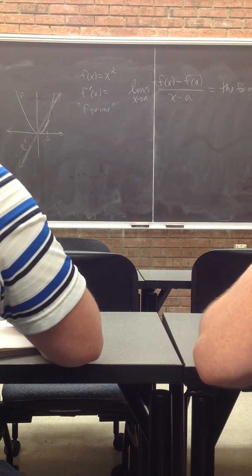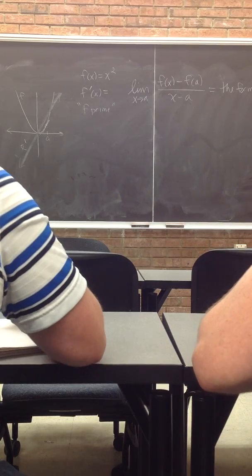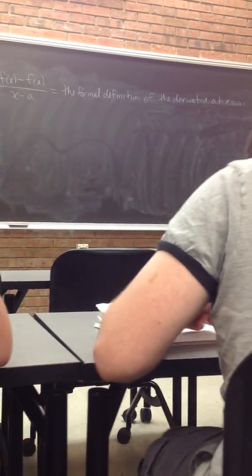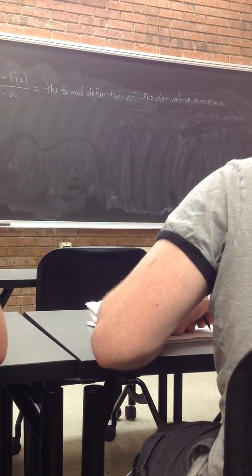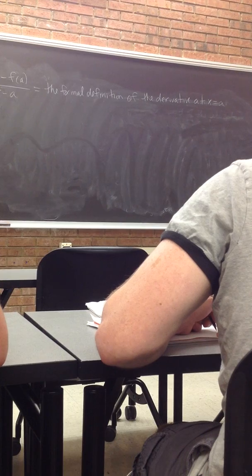There's another version that says the exact same thing, and after we finish one proof, I'll point it out. You're going to find it in more books, but I like this version because it looks more directly like slope.